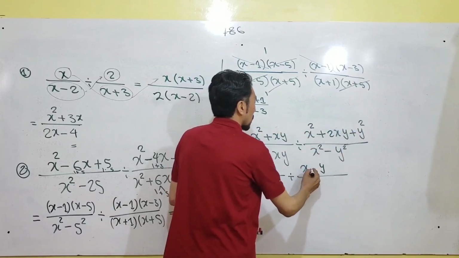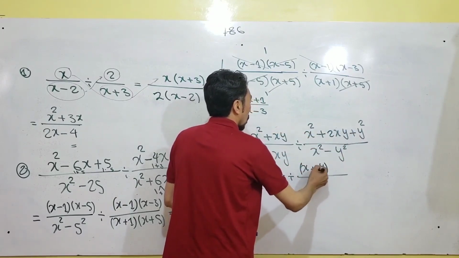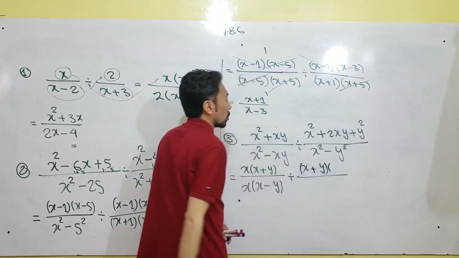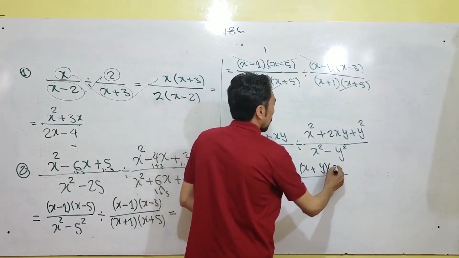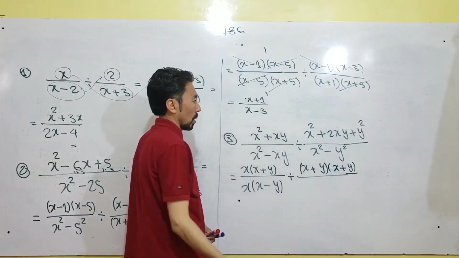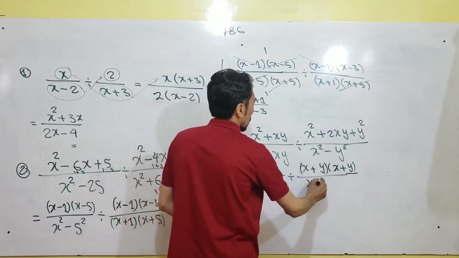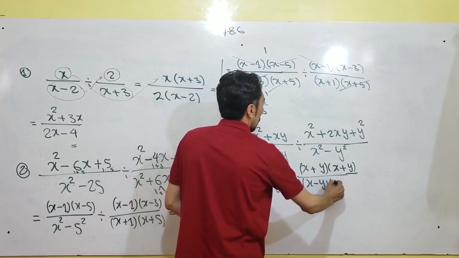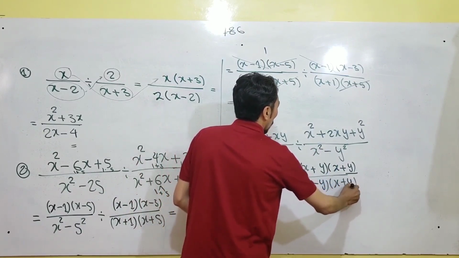Then it is converted to the same bracket, x plus y multiplied by x plus y when we factorize. Also here we factorize x minus y multiplied by x plus y.